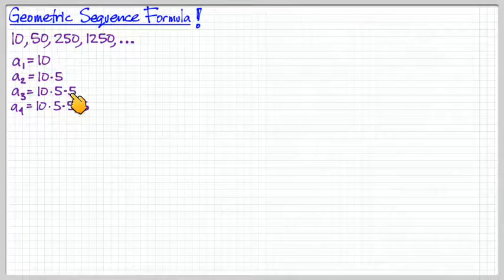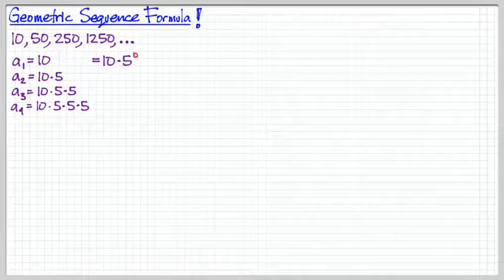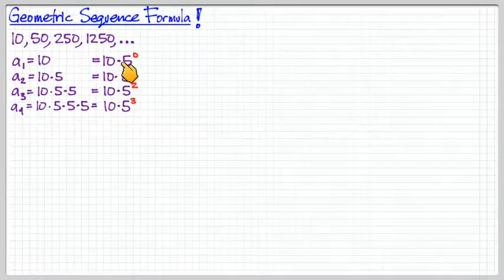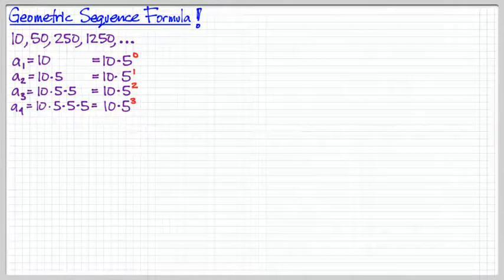So when we write it like this, it exposes some underlying information, which allows us to rewrite it as 10 times 5 to the 0, 10 times 5 to the first, 5 to the second, 5 to the third. So now we see this pattern emerge, which allows us to write a general case.